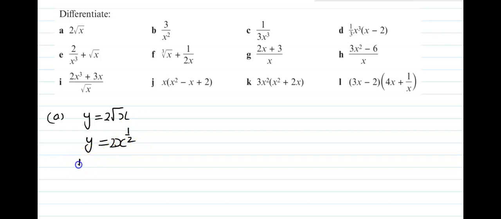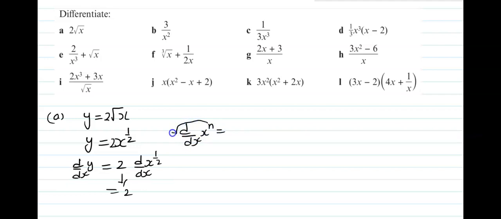So let's put d over dx with y. It means we are differentiating y with respect to x. The 2 is outside, and here we can write the differentiation of x to the power half with respect to x. Using the formula d over dx of x to the power n, the n comes forward, so it will be n x to the power n minus 1. Similarly, this 1 by 2 is coming forward.